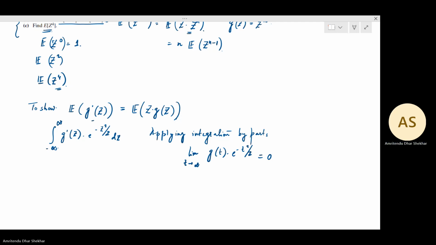We're assuming here that g is well behaved at infinity.